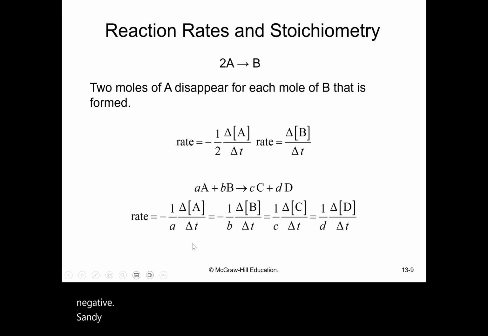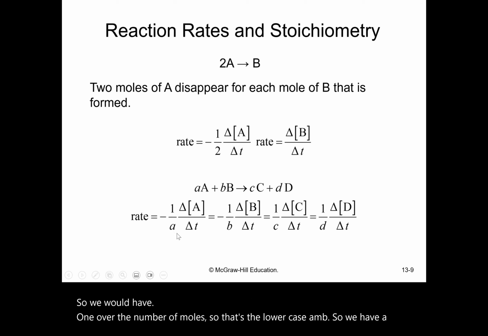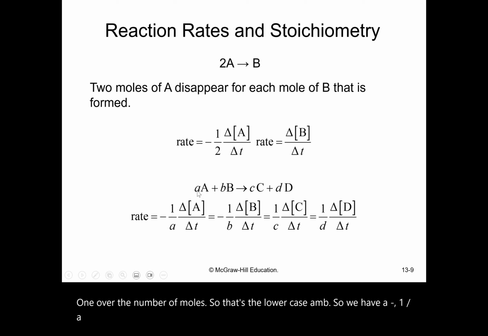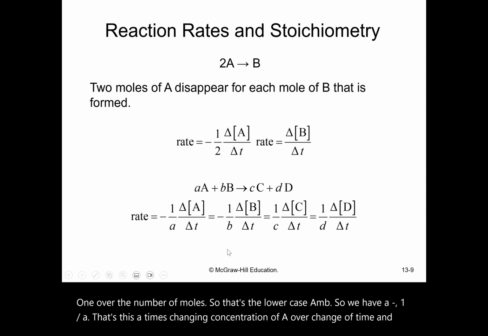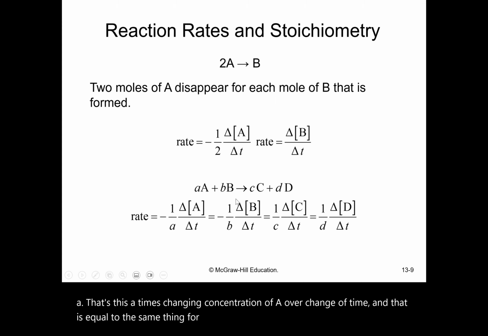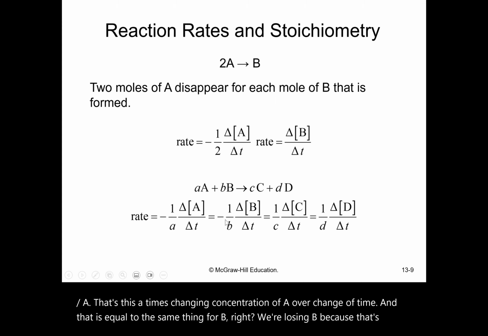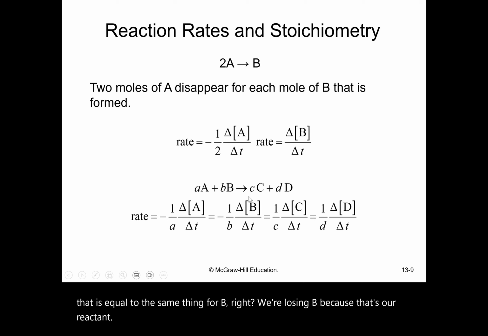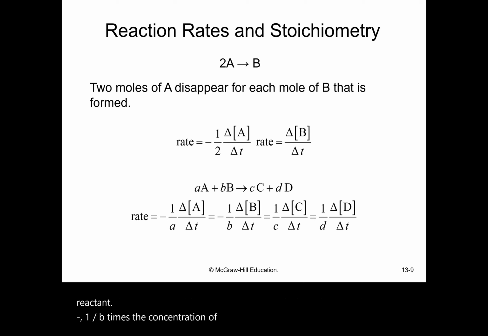So we would have 1 over the number of moles, so that's the lowercase a and b. So we have a negative 1 over a, times change in concentration of A over change in time. And that is equal to the same thing for B, right? We're losing B because that's a reactant. Negative 1 over b times the change in concentration of B over change in time.